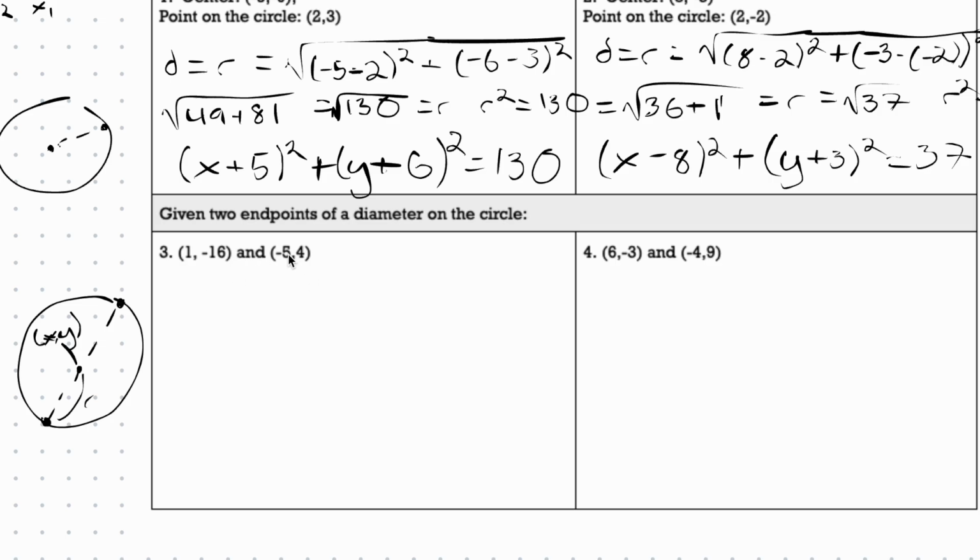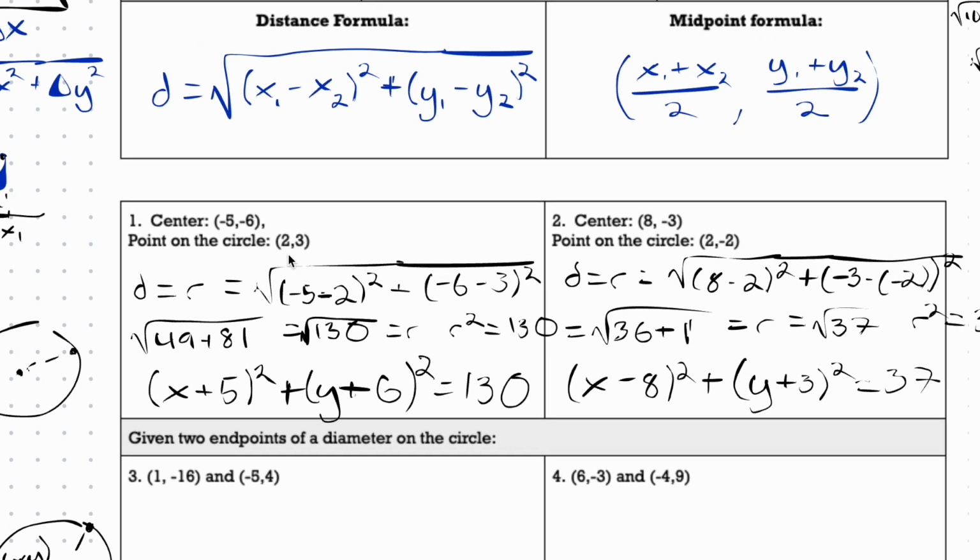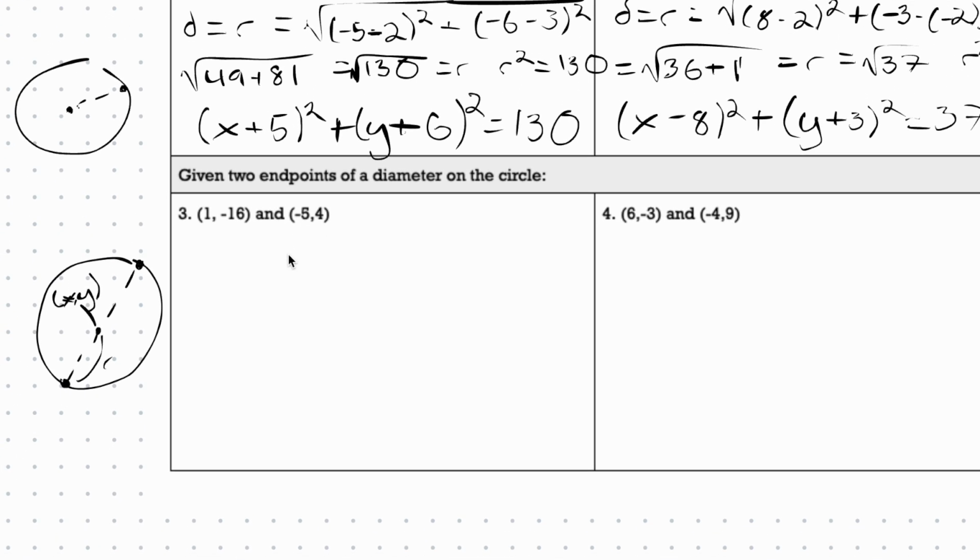So if we scroll up here, our midpoint formula is (x1 + x2) over 2 and (y1 + y2) over 2. So here, our center is going to be (x1 + x2) over 2, (y1 + y2) over 2.